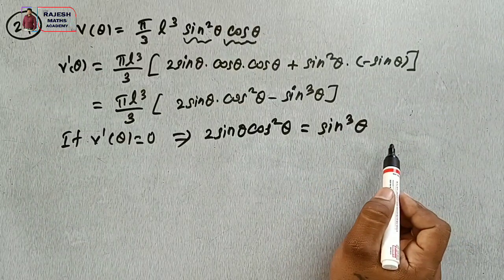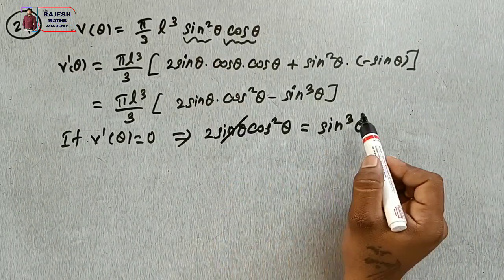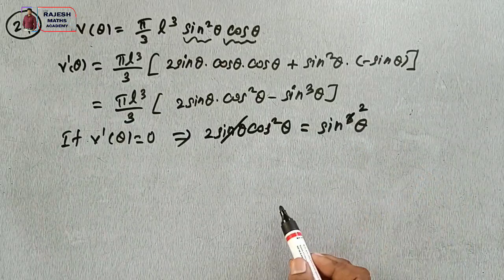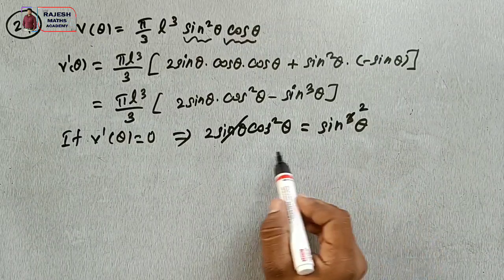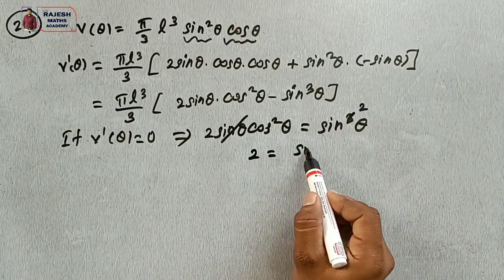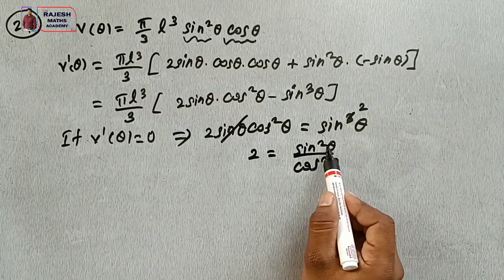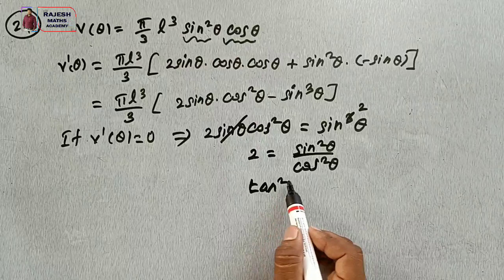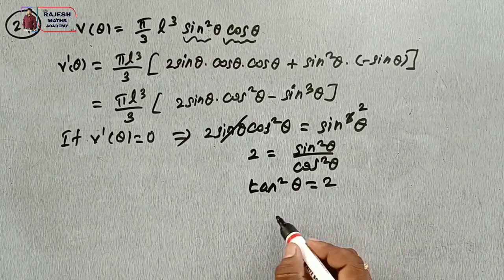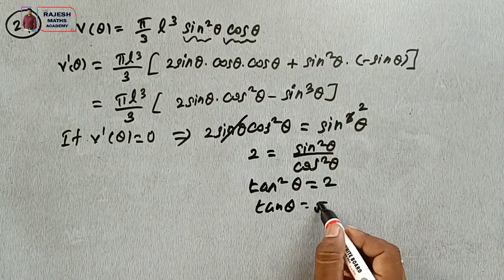We can divide by sin theta on both sides, so sin square theta will be remaining. Now we take cos square theta to the right side, so 2 equals sin square theta by cos square theta, which is nothing but tan square theta. So tan square theta equal to 2, so tan theta equal to root 2.